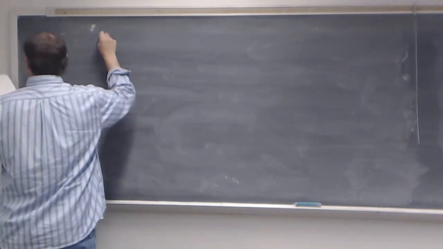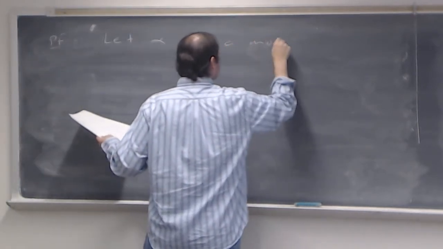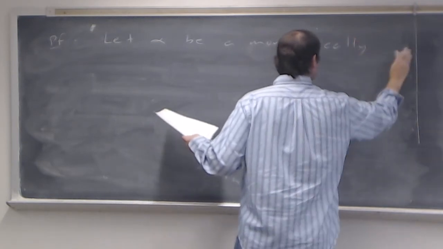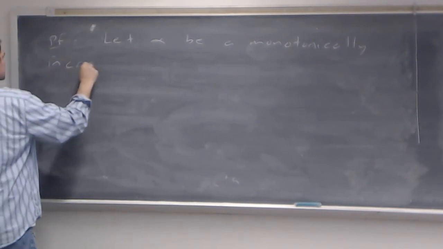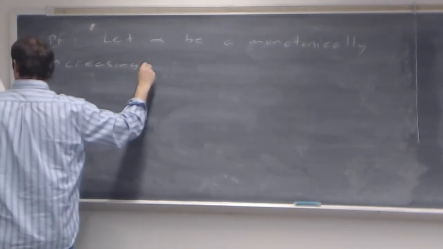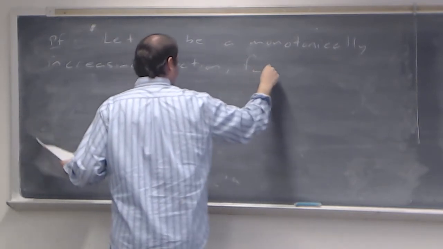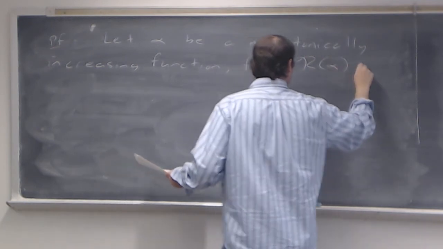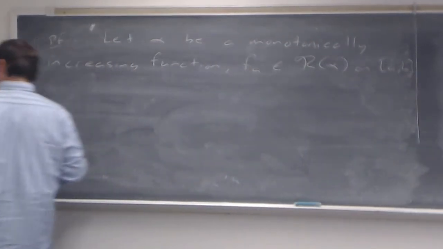So we begin our proof. We're going to let alpha be a monotonically increasing function. We're going to have f sub n, a Riemann-Stieltjes integral with respect to alpha on a to b, and that's for each n.